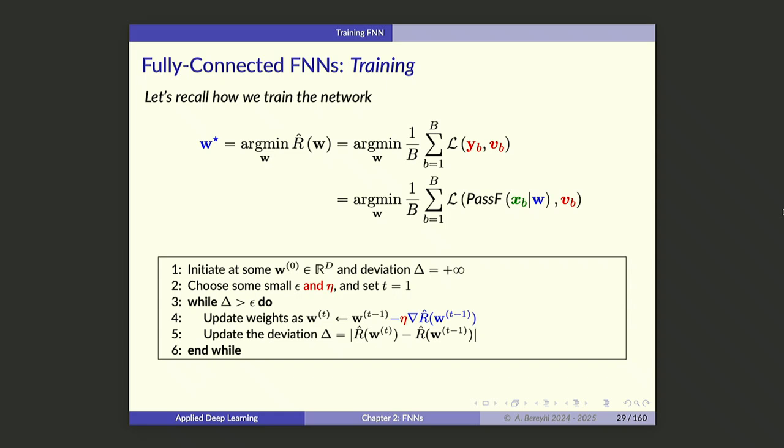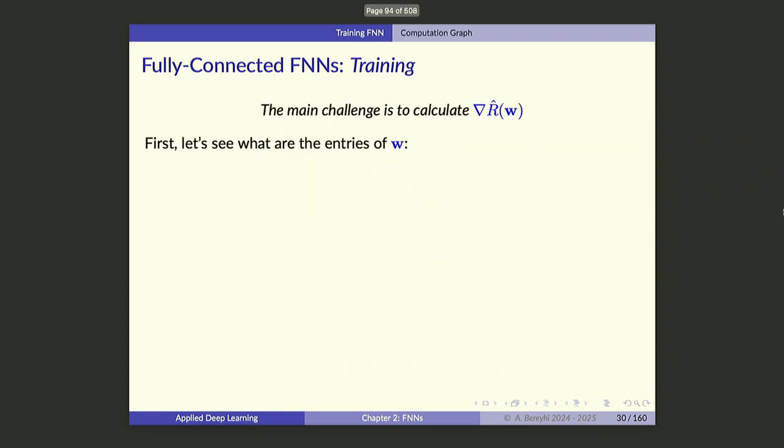I keep repeating until the algorithm converges. So the whole thing is that if somebody fixes the weights for me, I need to know how to compute the gradient at that particular weight. If I know how to figure this out, then I can do gradient descent. Clear? Okay, so let's look at it. In general, we want to compute the gradient at a given fixed set of weights, and this is the whole challenge.